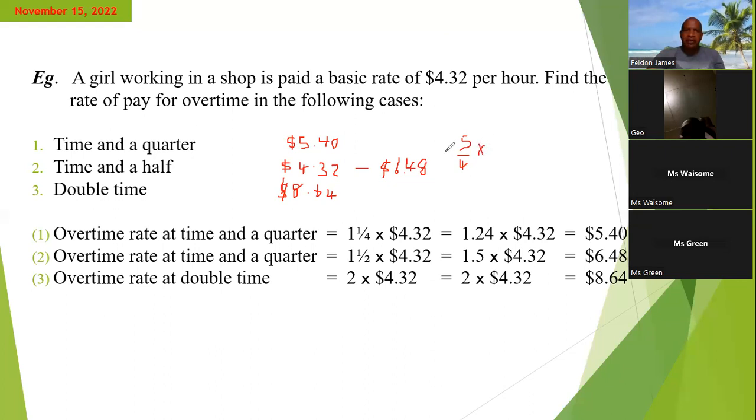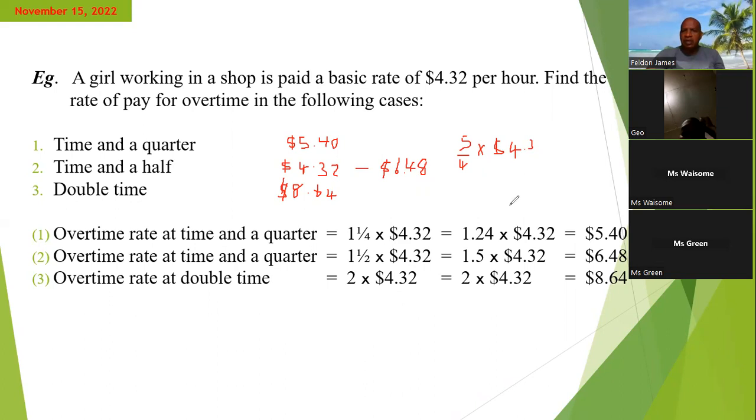The basic rate would be $4.32. So you're just simply multiplying this fraction by that. And sorry, it should be 1.25 and not 1.24.